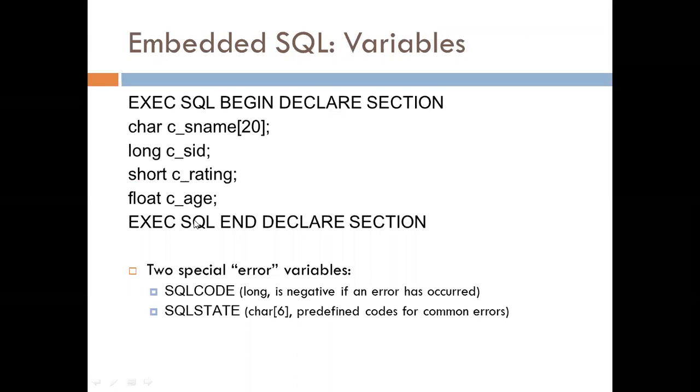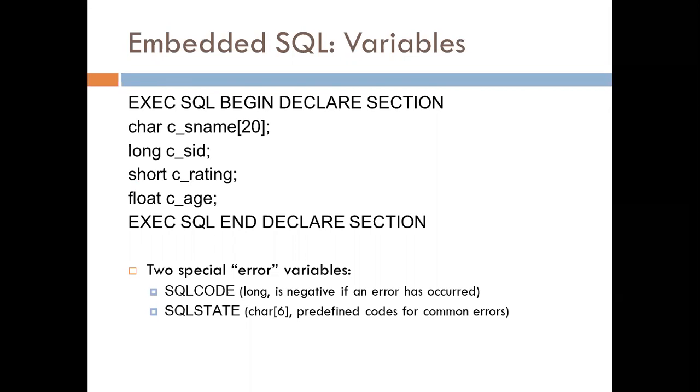Two special error variables will be there: the SQL code and the SQL state. SQL code is the one which returns a negative value when an error arises. SQL state is associated with some predefined values.